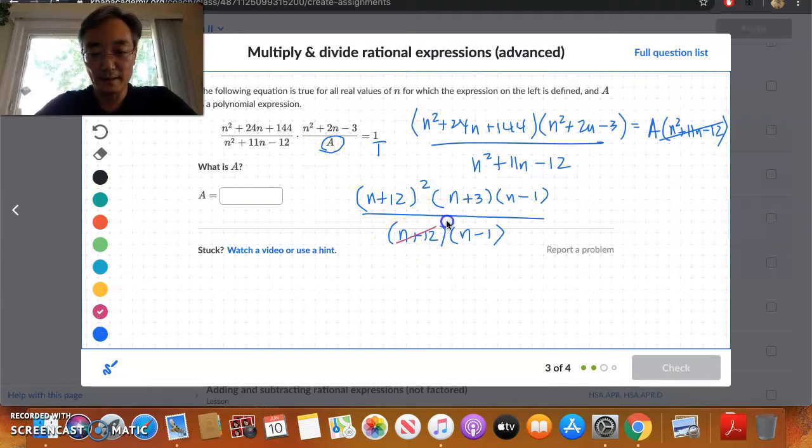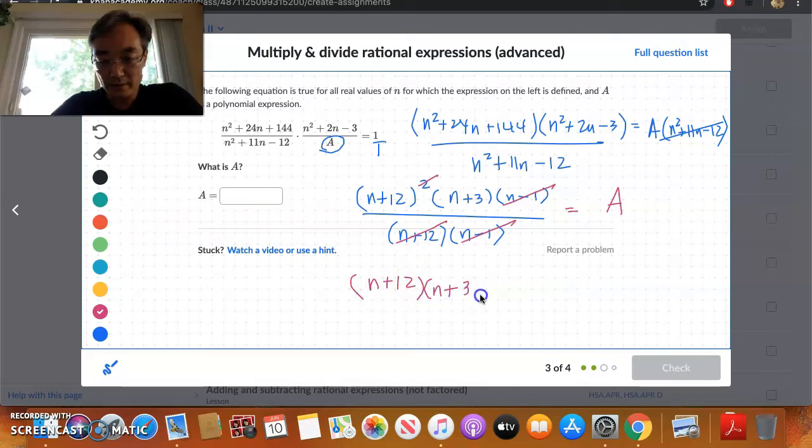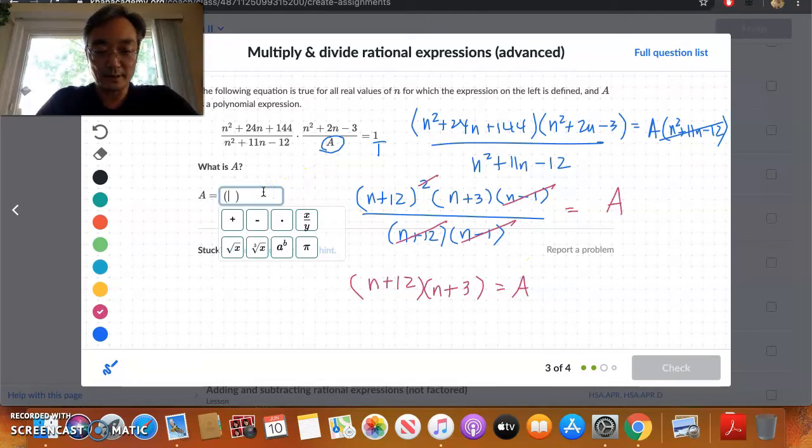All right, n plus 12, we'll get rid of one of them. N minus 1, n minus 1, correct? And this is going to equal a, right? So what do we have left? We have n plus 12 times n plus 3 is equal to a. I believe that is it. So let's type it in. N plus 12 times n plus 3.